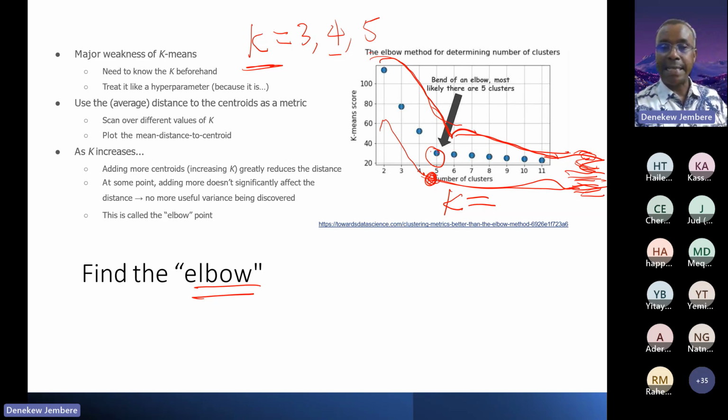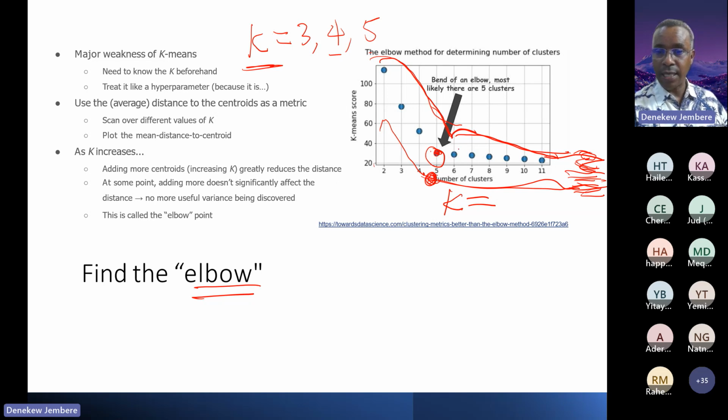What that means is, this is the K measure score, and these are variabilities. The variabilities are drastically dropping, and then at this point the difference from here to here is very small, and then it basically doesn't change anymore.